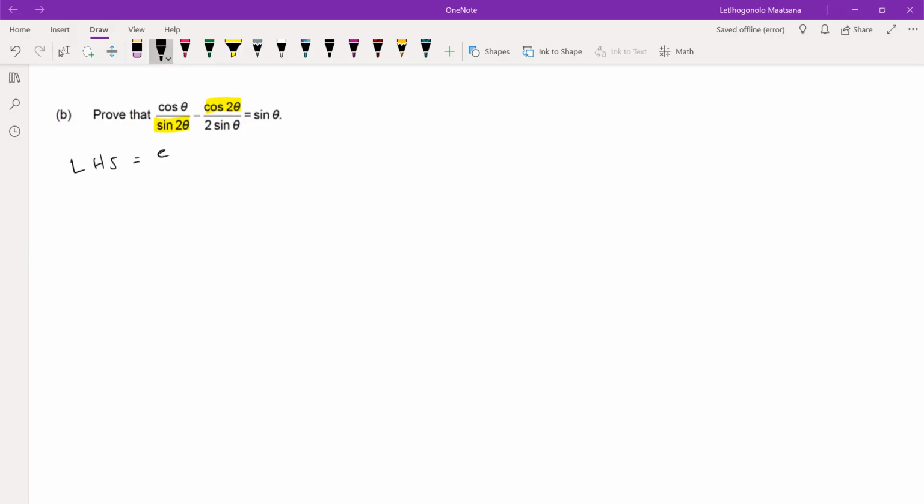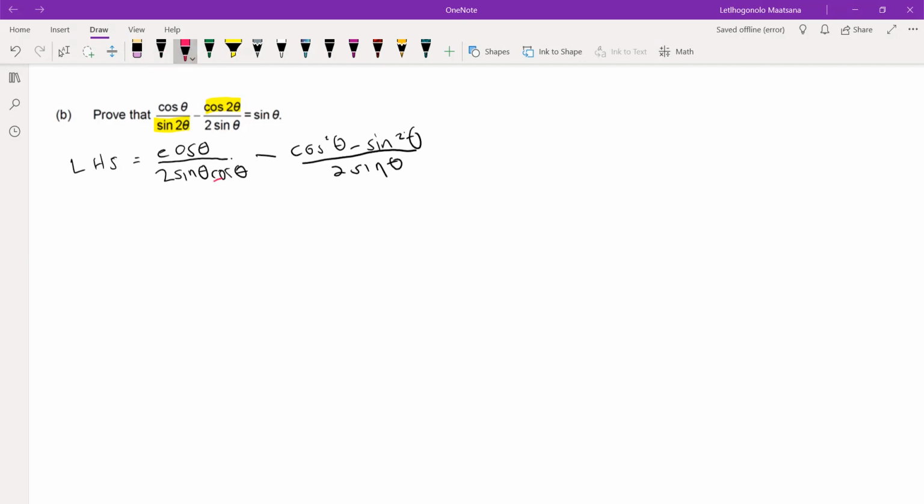We have cos theta here, where there was sine 2 theta. We will substitute with the identity of 2 sine theta cos theta. For our cos 2 theta, we will choose cos squared theta minus sine squared theta over 2 sine theta.